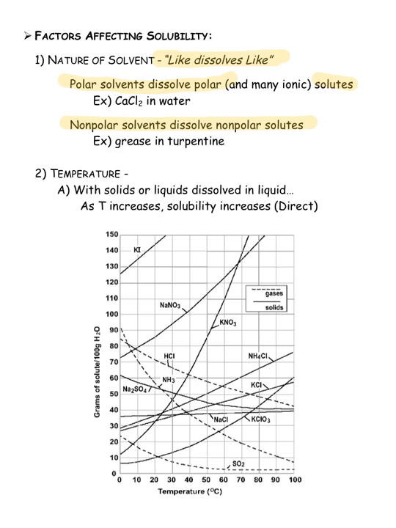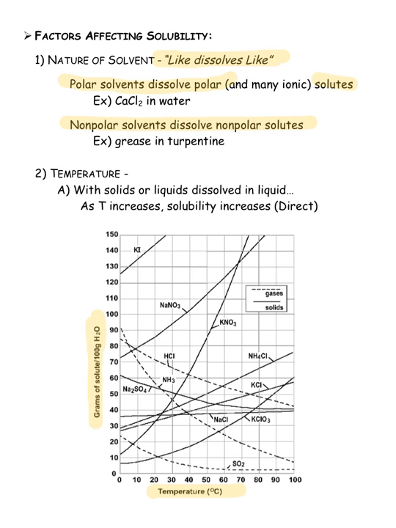So let's break down what this graph is telling us. First of all, along the y-axis, this is the grams of solute per 100 grams of water. So we're only looking at all of these substances being dissolved in water. Then along the x-axis we see temperature.